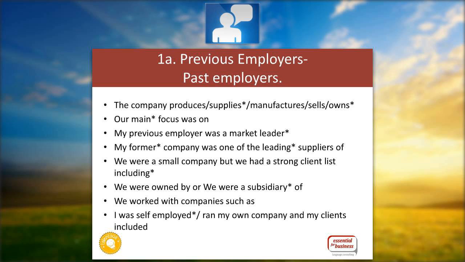So, very obvious, when you lead something, they lead the market, they are the number one, they are the market leaders, so the top. My former company was one of the leading suppliers. Now, think about that word leading again, and it's going to be top. It's going to be the number one company, or the number one supplier, the number one manufacturer, or the number one seller, or the number one producer of something.